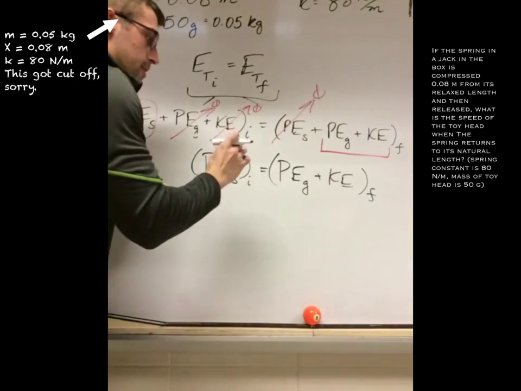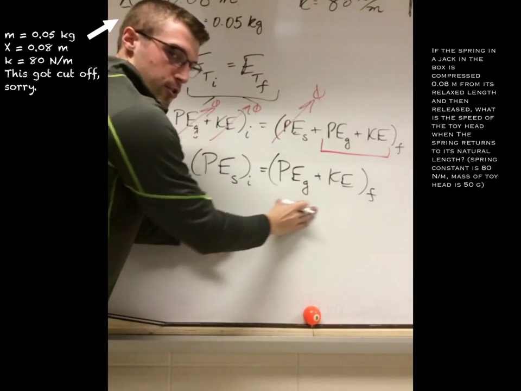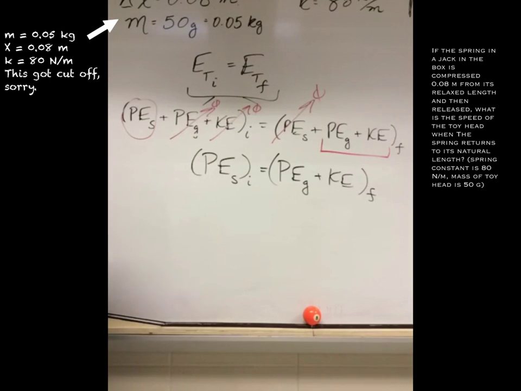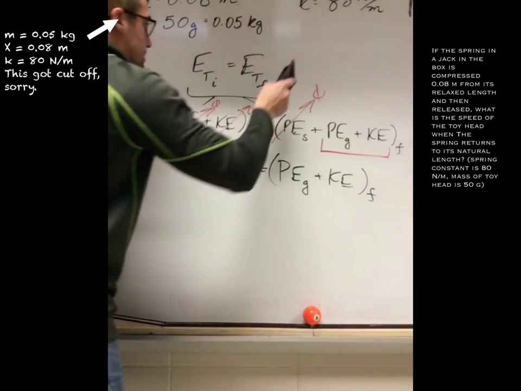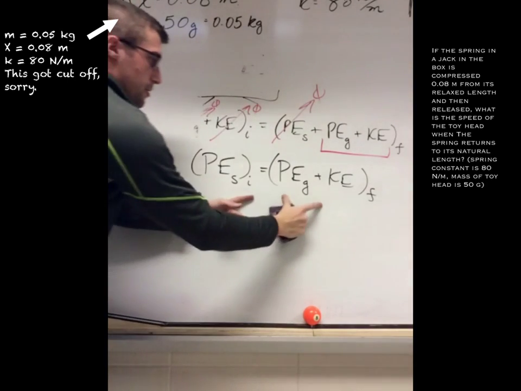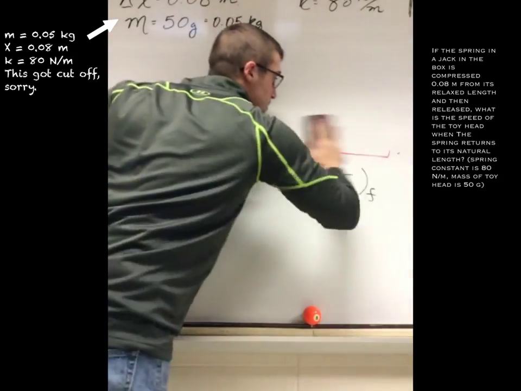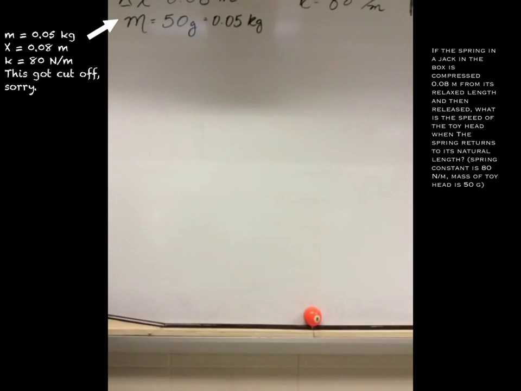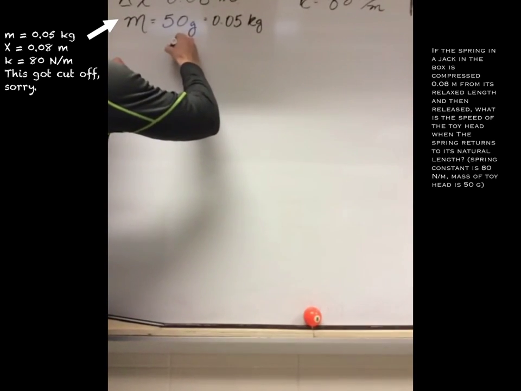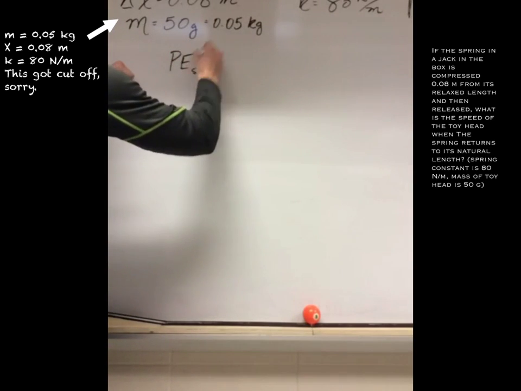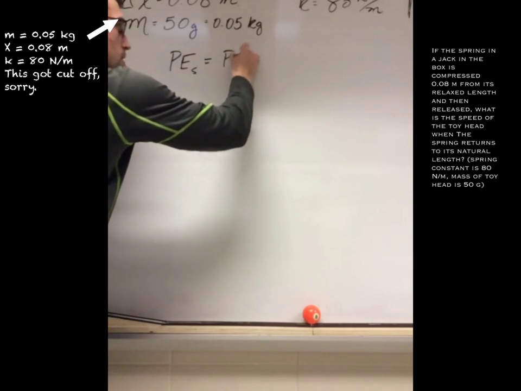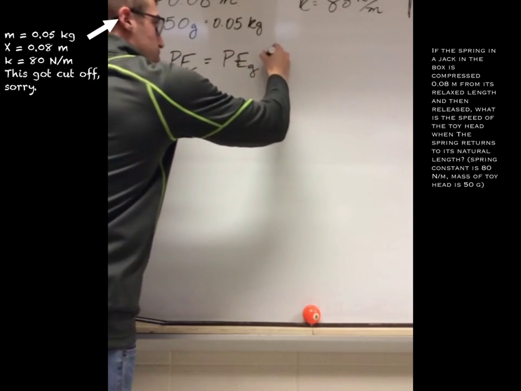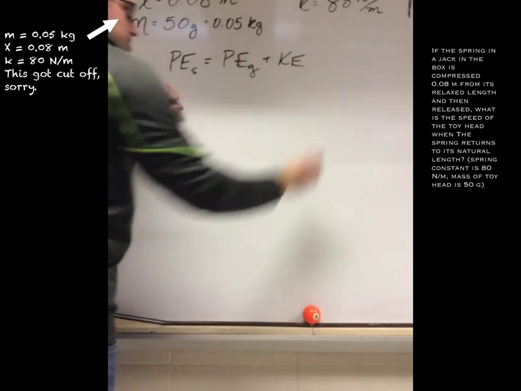So big, long, scary equation, shorter, less scary equation. I'm going to erase some of this stuff, and we're just going to focus on this equation to solve this problem now. So what do we have? We had elastic potential is equal to gravitational potential plus kinetic.